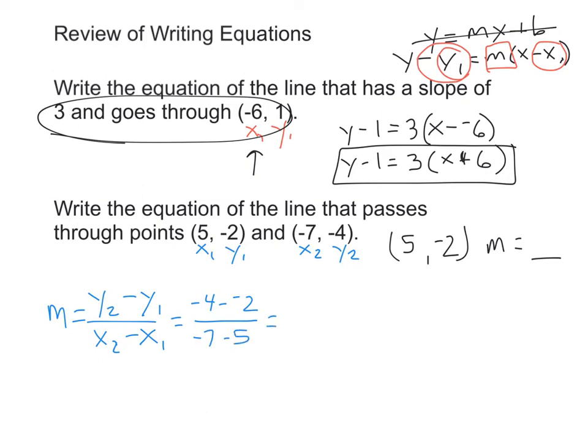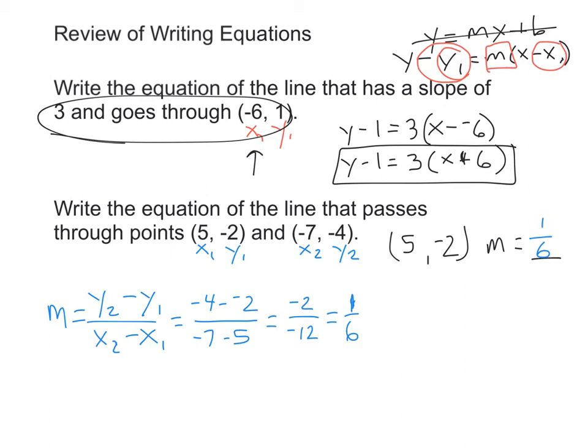When we do our computation, -4 minus -2, or -4 + 2, becomes -2. And then -7 minus 5 is -12. A negative divided by a negative is positive, and 2 over 12, you could leave as 2/12, but simplified it is 1/6. So now we know that our slope is 1/6, and we can write our equation.